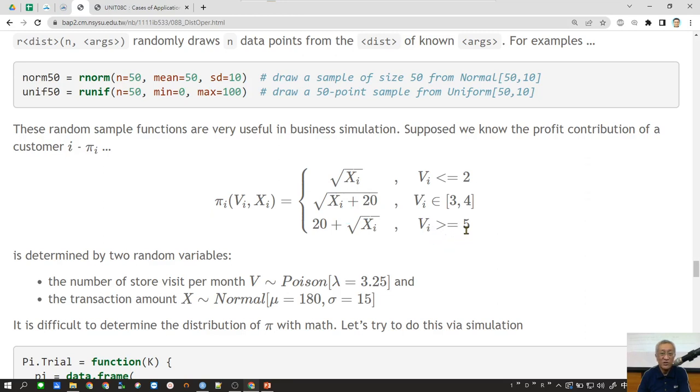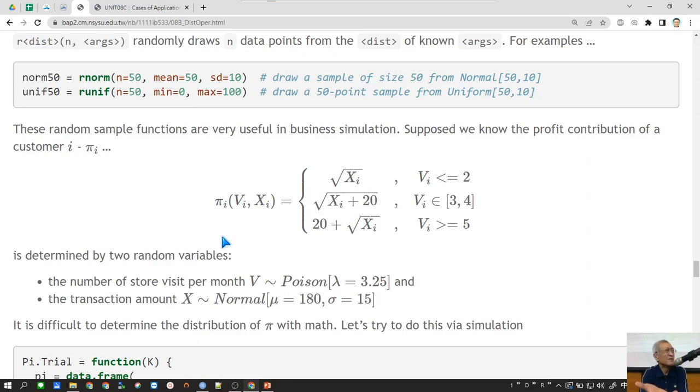If V is larger than 5, then your profit will follow this one. And you also know that V follows Poisson with lambda equal 325, and you also know that X follows this one. So you want to know the distribution of pi.